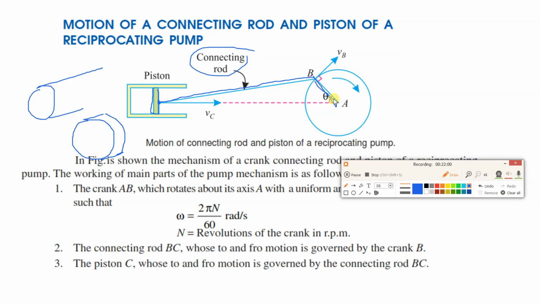Because of that, there will be a motion of the connecting rod, and since the piston is held in vertical direction by the cylinder, it can only slide inside the cylinder. So there will be a reciprocating motion of the piston in the cylinder. Basically we are converting rotary motion into reciprocating motion.